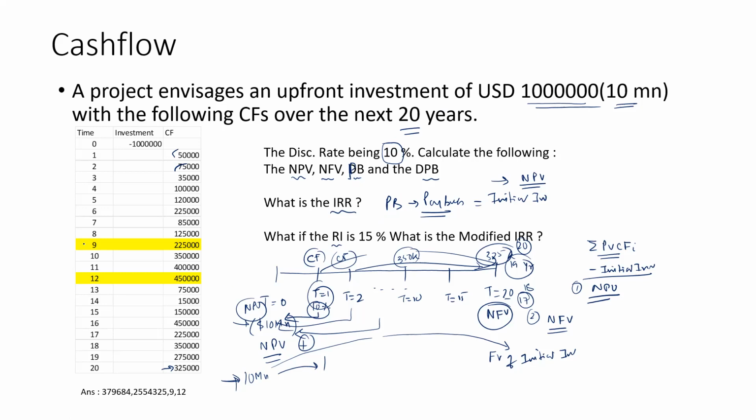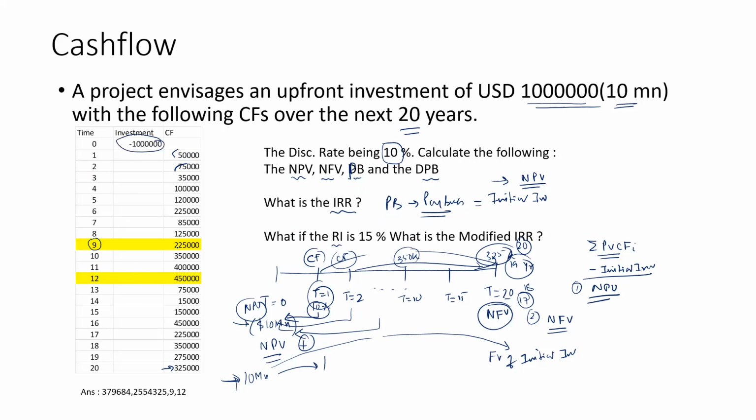One is called the PB, as in just adding up all the cash flows. For example, you're seeing these cash flows, so 50,000, 750,000, 350,000. If you add all of them, you'll see that at around this year 9, it will actually equal this value. So this is called the payback period.